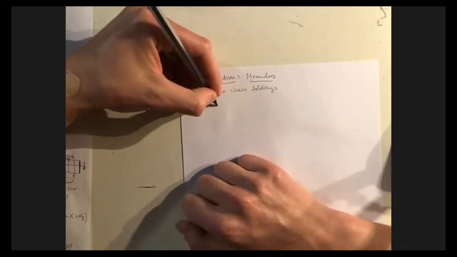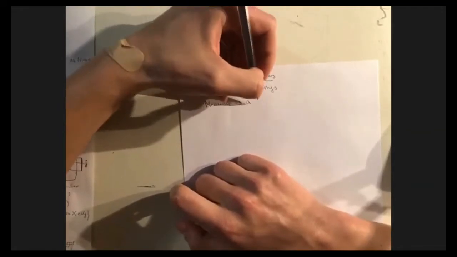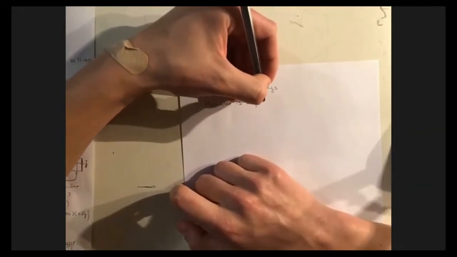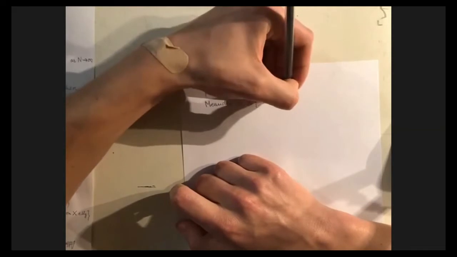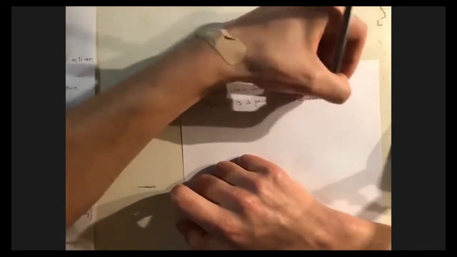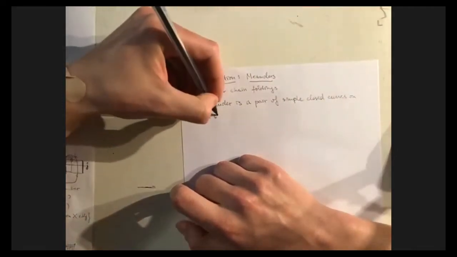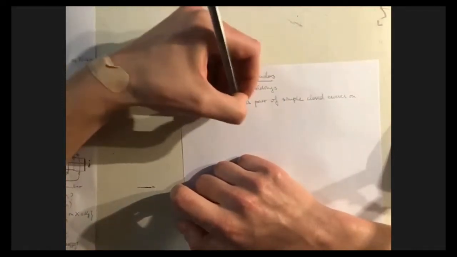And the mathematical formulation is the following. A meander is a pair of simple closed curves on a sphere up to homotopy.